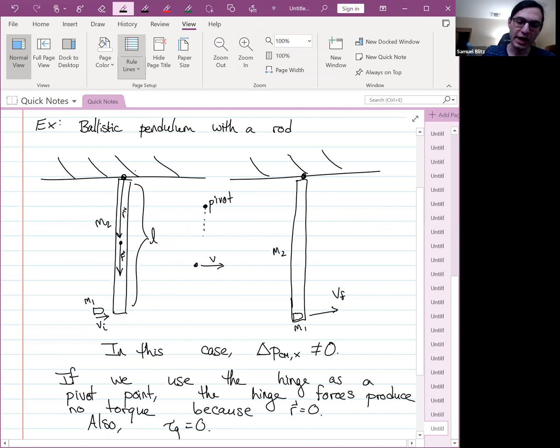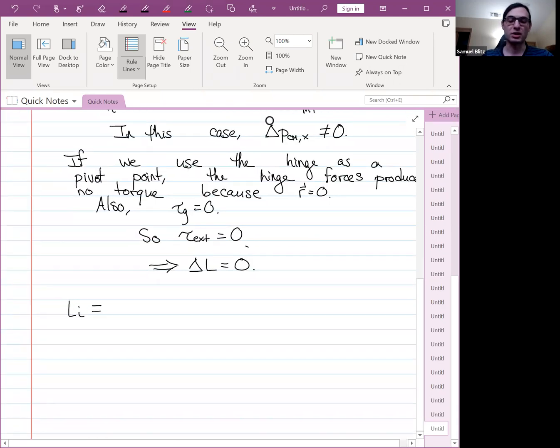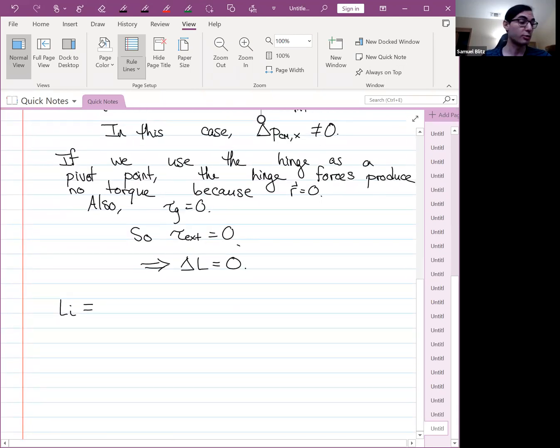Well, that angular momentum is the translational momentum times this perpendicular distance. In that case, this distance is L. It's the distance between the pivot point at the hinge and the bottom of the rod. So the initial angular momentum of the system is just the initial angular momentum of the bullet, which is m1 vi times L.